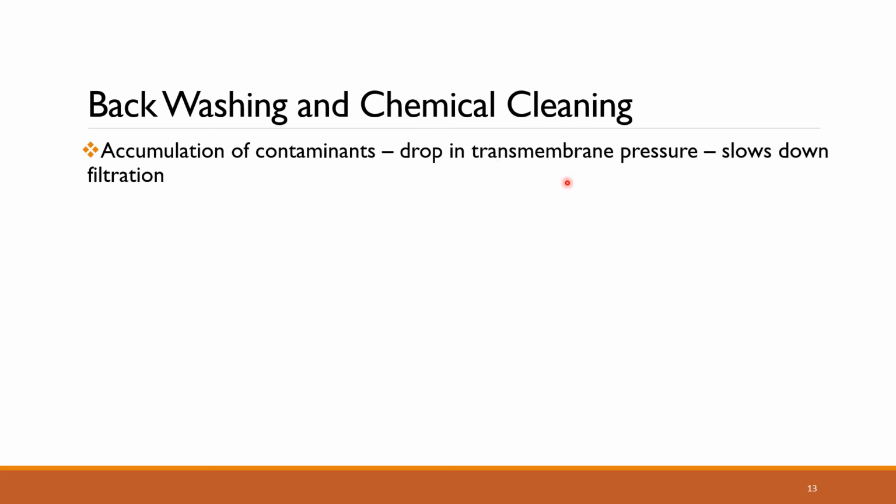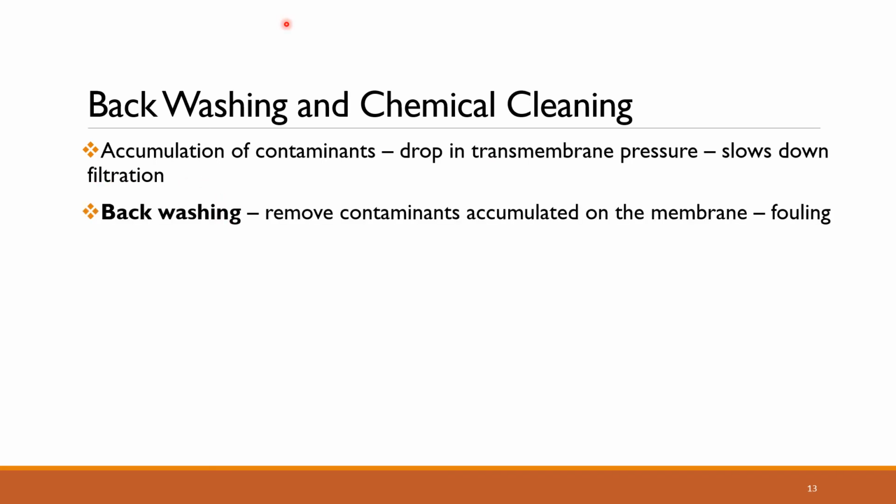Extra resistance is offered to the flow, and at the same time there is a drop in the pressure gradient across both the sides of the membrane. So when this happens, the process of filtration slows down. So backwashing is done to remove the contaminants which are accumulated on the membrane, which result in fouling.